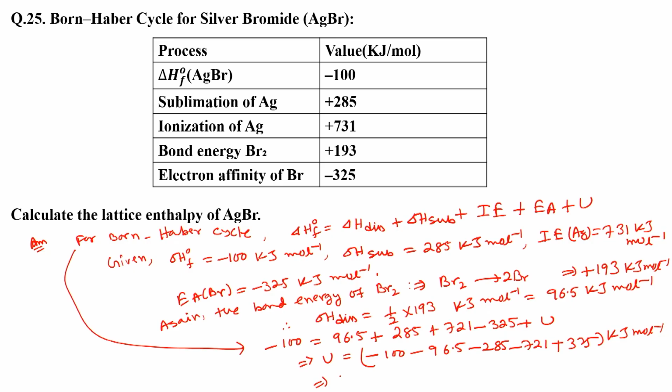So if we calculate this, the value of U will be minus 887 kilojoule per mole. Therefore, the lattice energy of AgBr is minus 887 kilojoule per mole.